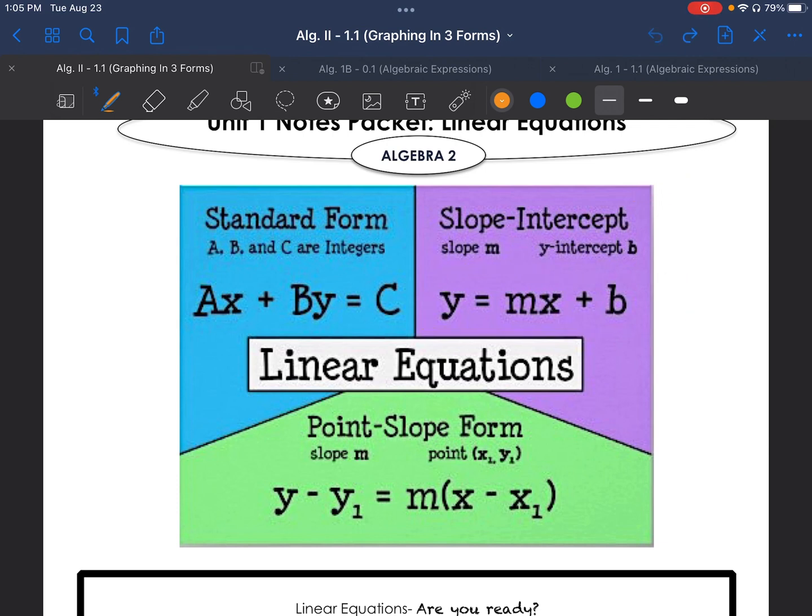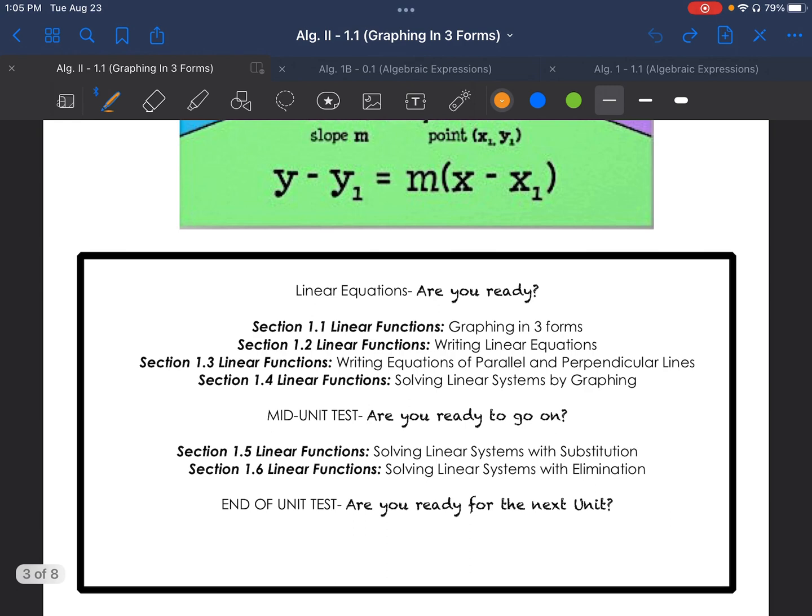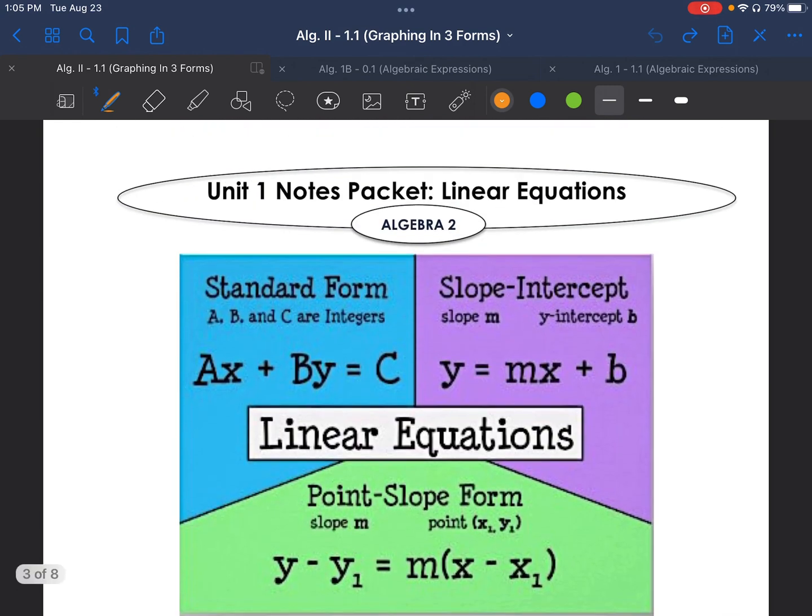With y equals mx plus b, it's important to note that m is the slope and b is the y-intercept. The other forms are also useful at different times, and we'll talk more about those throughout the chapter. Here's just an outline for the chapter and what's going to come up after this lesson.